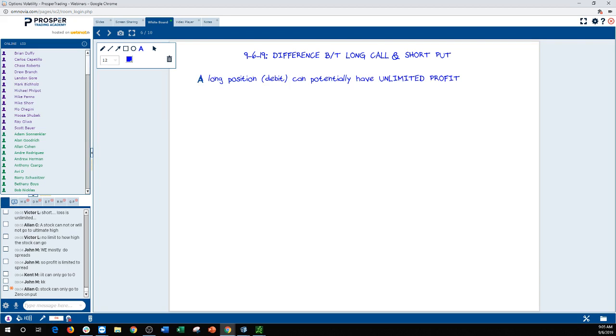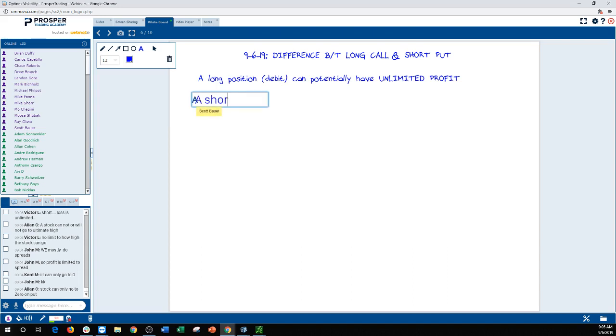Exactly, Alan. Because in the real world, a stock can only go to zero. Okay, so if you are long a put, theoretically, you can only make money with the stock going down to zero. It's not unlimited. Okay, so a long position can potentially have unlimited profit.